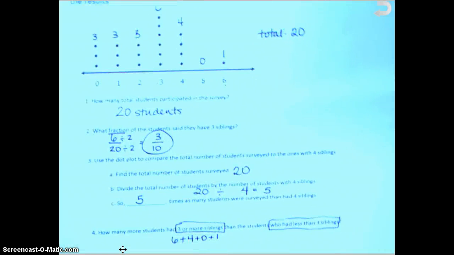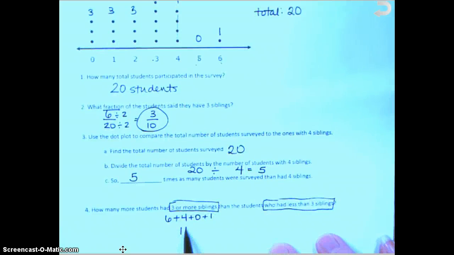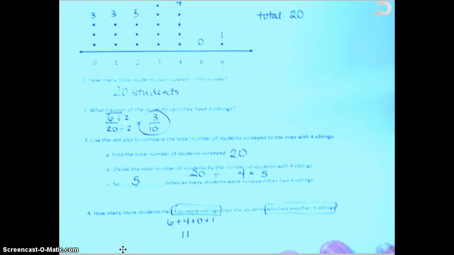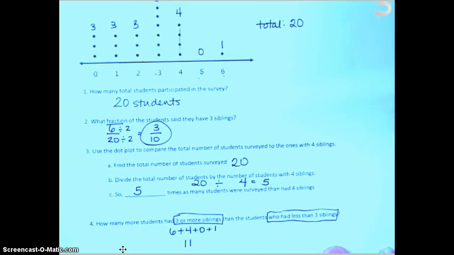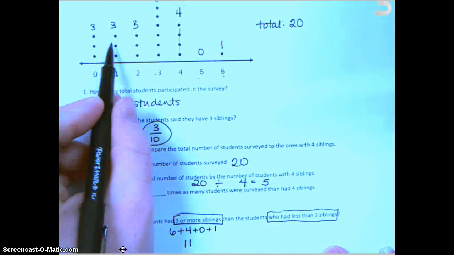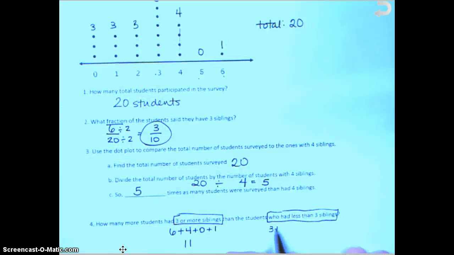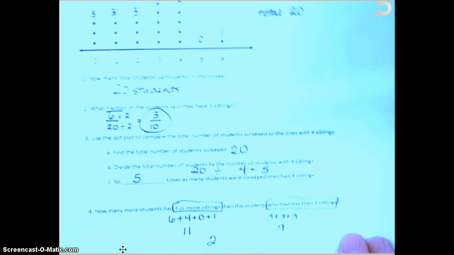So altogether that would be 11 students. Now less than 3 siblings. That doesn't include 3, but it's less. So that'd be 3, 3, and 3, which would be 9. So how many more students had 3 or more, which would be 11, than the students who had less than 3? So 2 more.